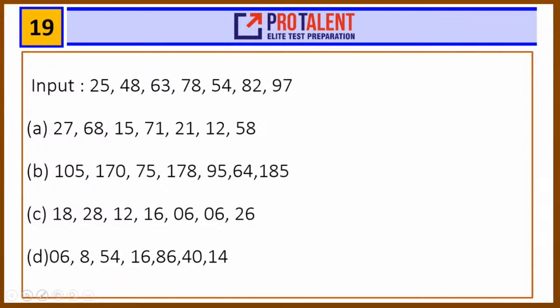How are we getting step A, then step B, step C, and step D?